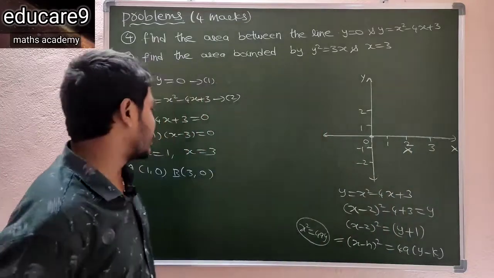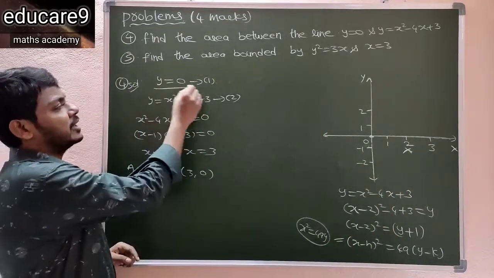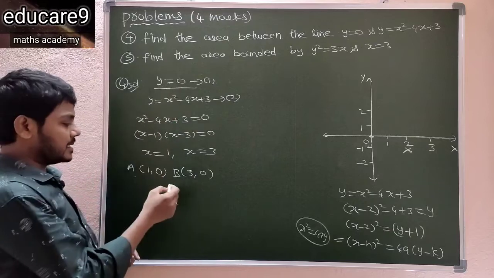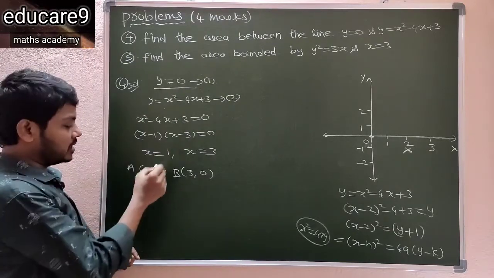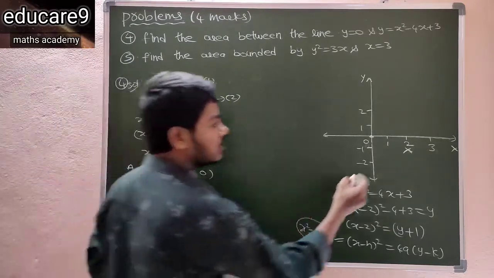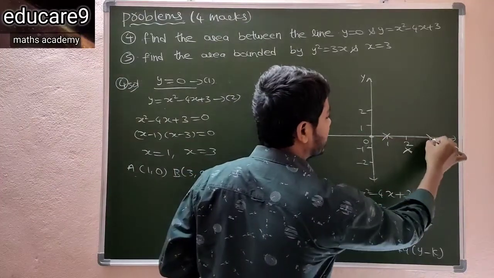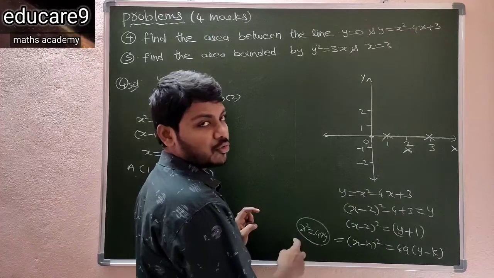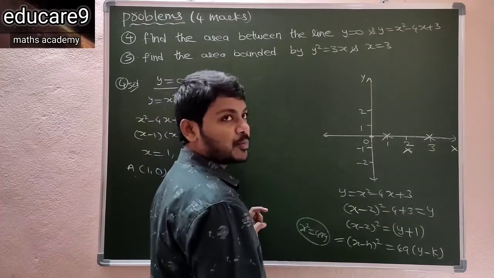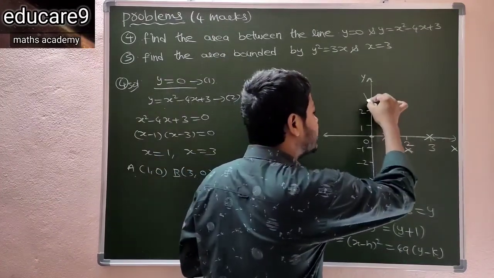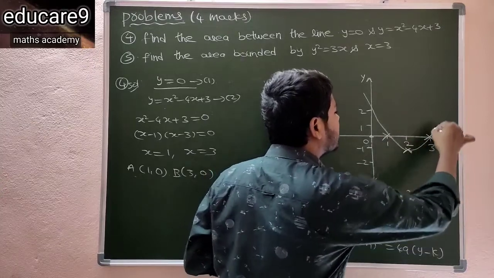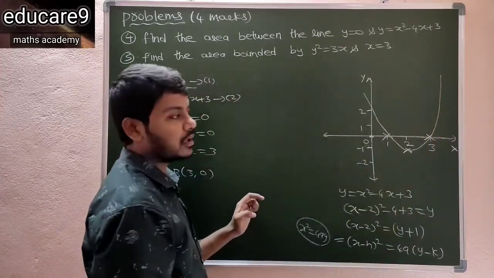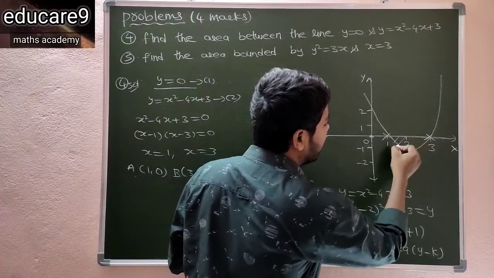Okay. And what are the points of intersection of the given line, that is the x-axis, and the curve? 1 comma 0, 3 comma 0. So these are the points of intersection of the x-axis and curve. And it is in the form of x square equals 4ay. So clearly, this parabola opens on the positive y-axis side. So like this. Okay. Now you need to find the area of this.